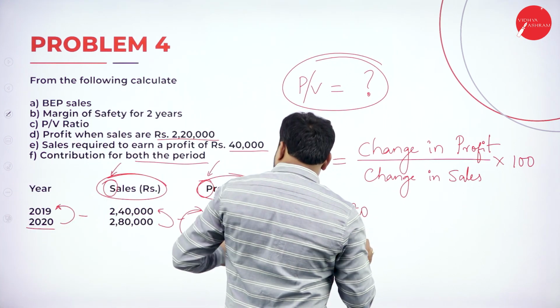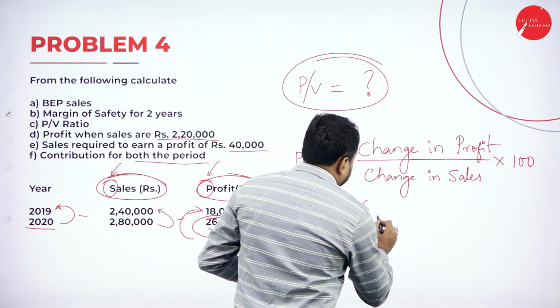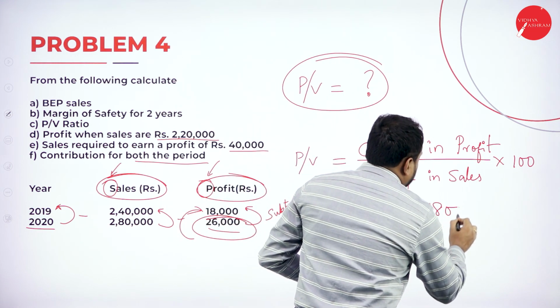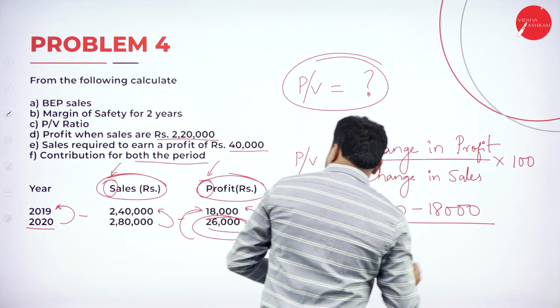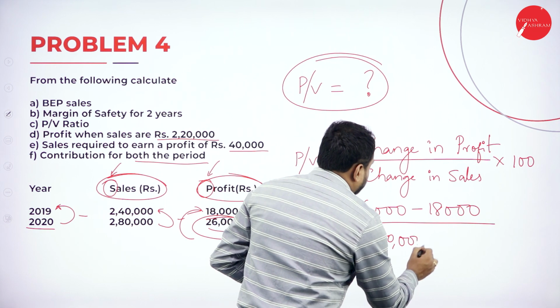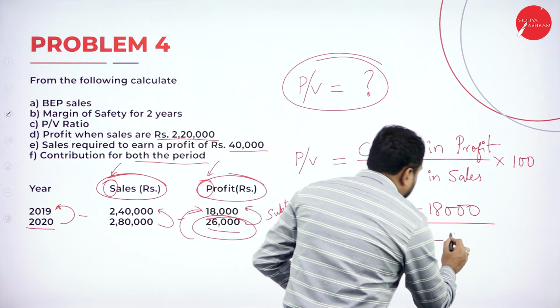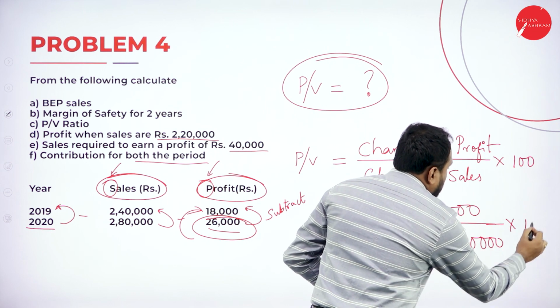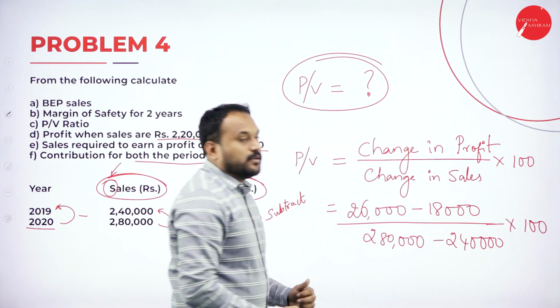So we'll write is equal to, we have 26,000 minus 18,000 divided by, we have here 2,80,000 minus we have 2,40,000 into 100. Never forget this, into 100.